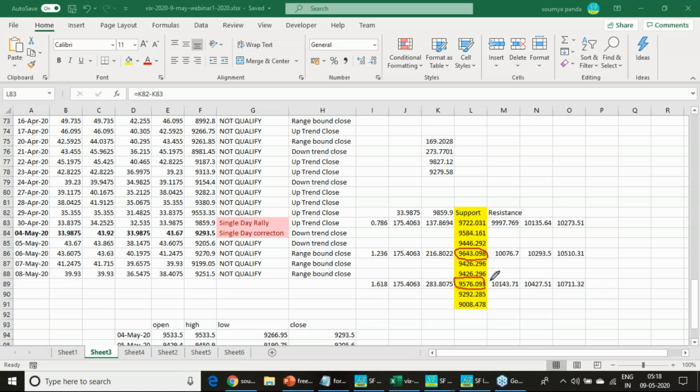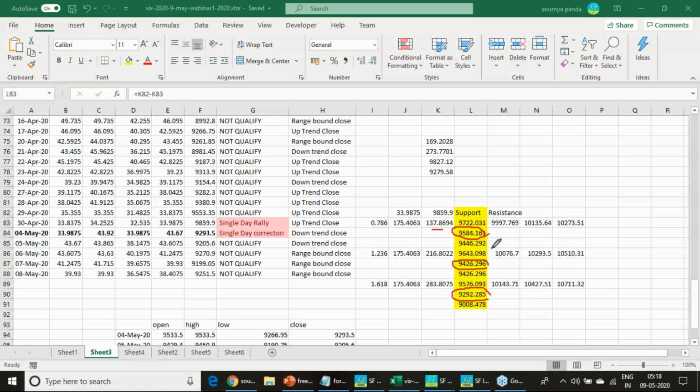The second cycle starts from 9584, which is nothing but 9722 minus 137 points, then 9426 and 9292. This is the second cycle.